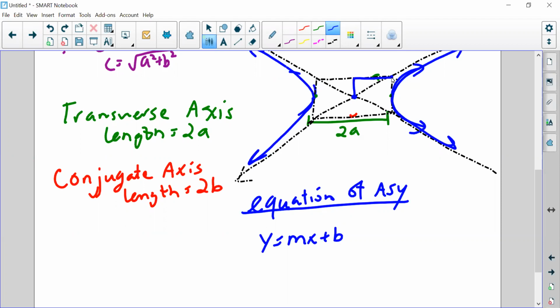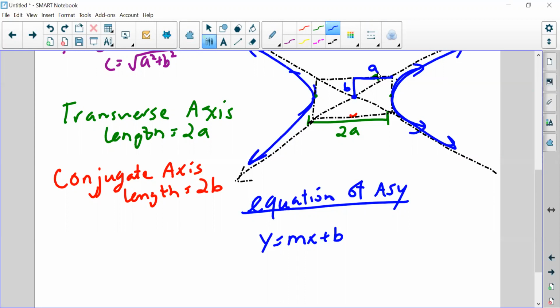Well, how far did I rise up? b, because remember that conjugate axis is 2b. So I went half of that conjugate axis. I went b up, and I ran across half of my transverse axis, which is a. So my slope is going to be b divided by a, right?